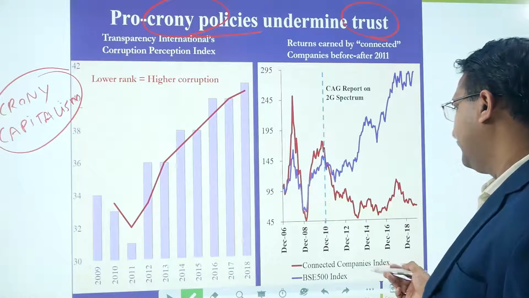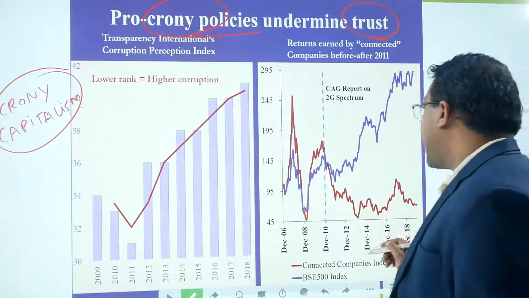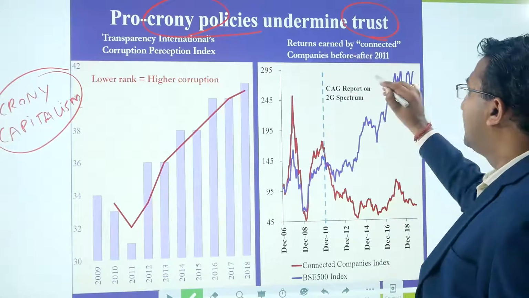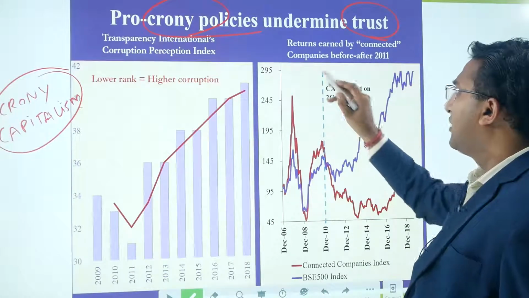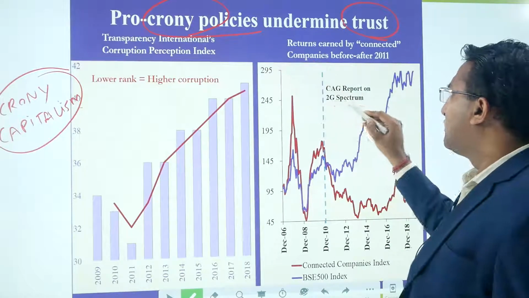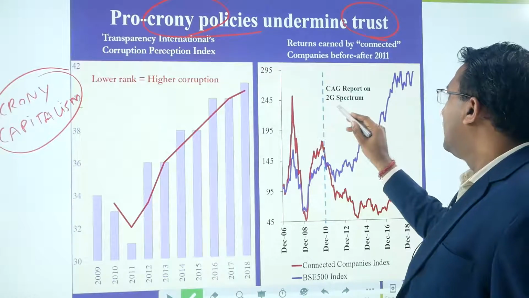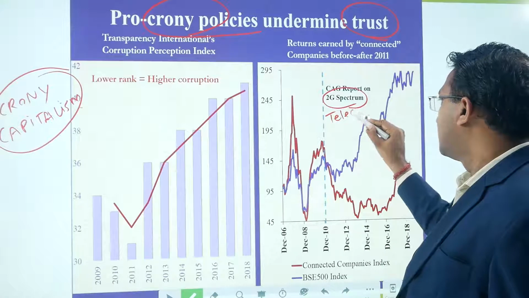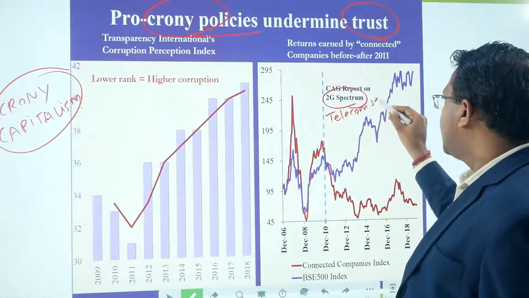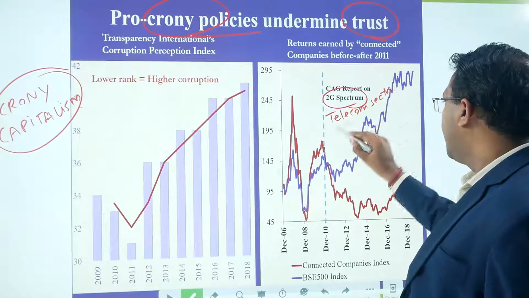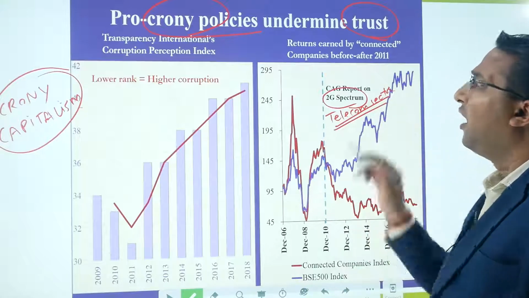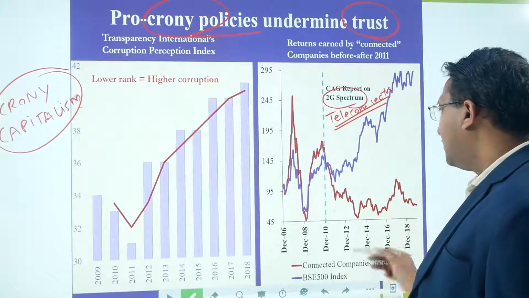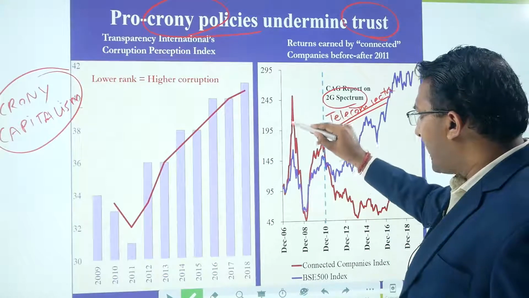Here you can see those sectors or the companies which are connected with the sectors where the pro-crony policies are there, for example 2G spectrum, the telecom sector. The companies in the telecom sector or the companies which have been associated with the pro-crony policies, their shares are represented in this maroon color.